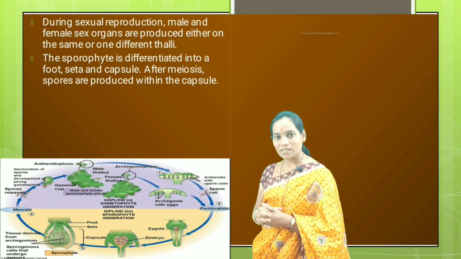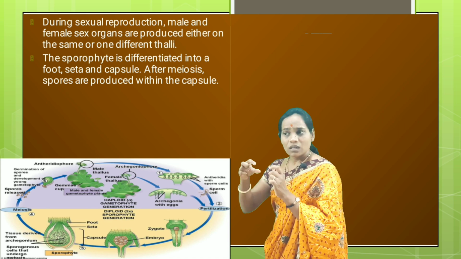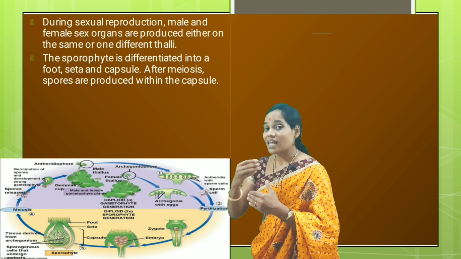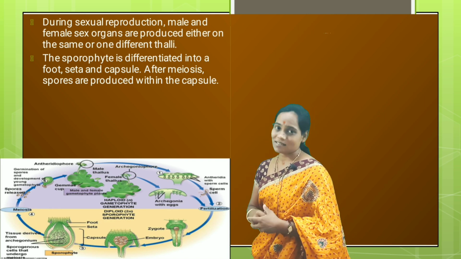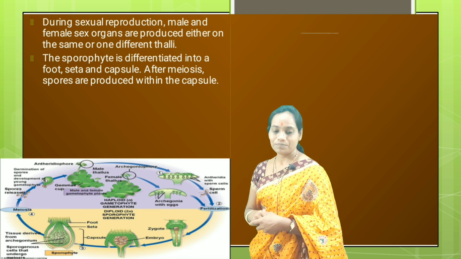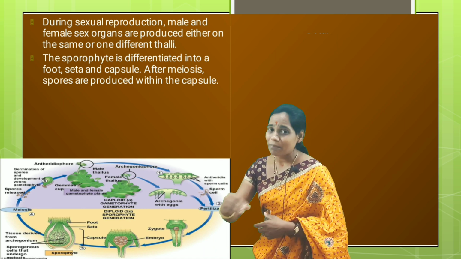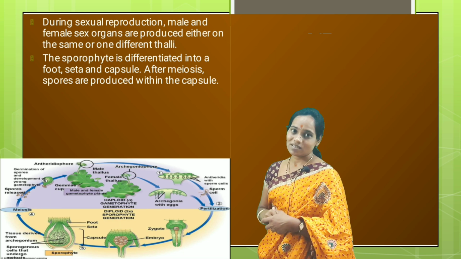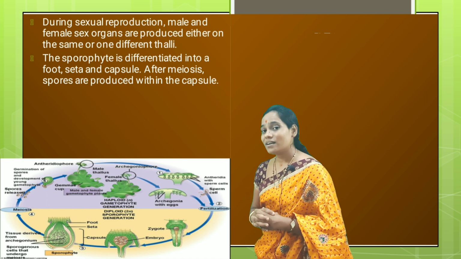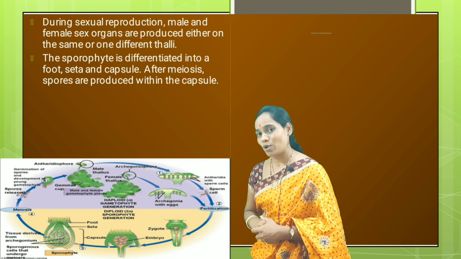And what happens in the sporophytic plant body? In the capsule, some of the cells will undergo meiosis, a reductional division, to produce haploid spores.